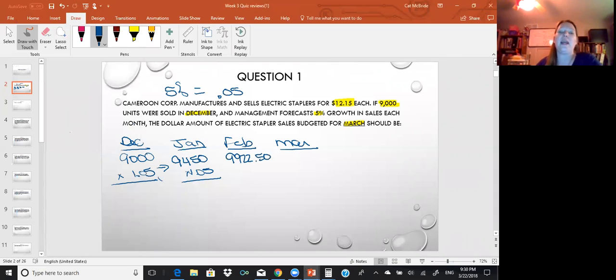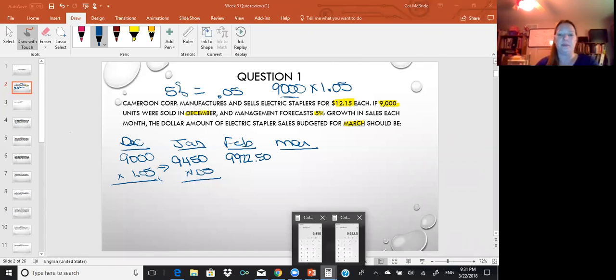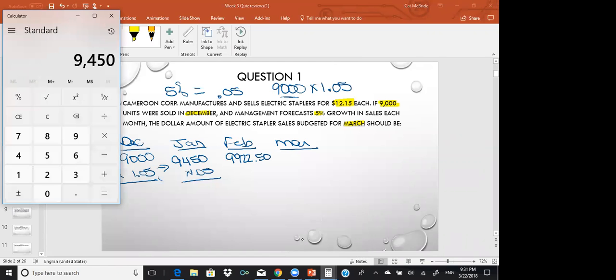The way I can do that is I can say 9,000 times 0.05 and then add it to the 9,000, or I can say 9,000 times 1.05, and what that does is it says, okay, take all of the 9,000 plus 5%. Oh, I get it now that you explained it. Okay.